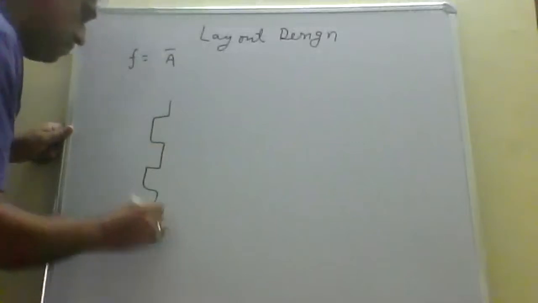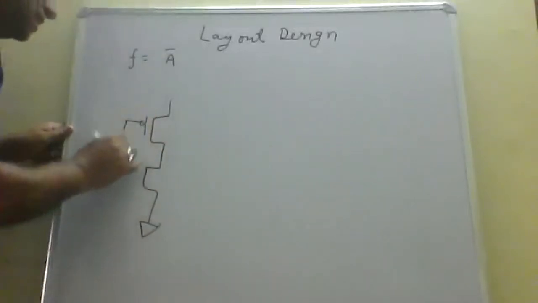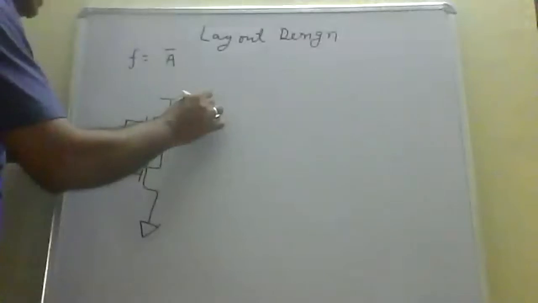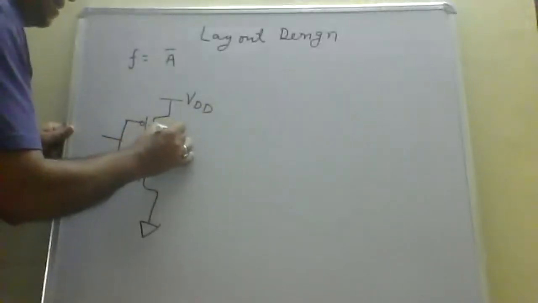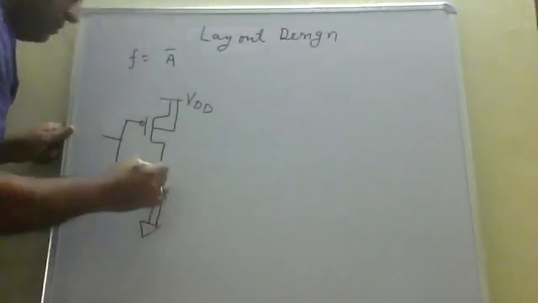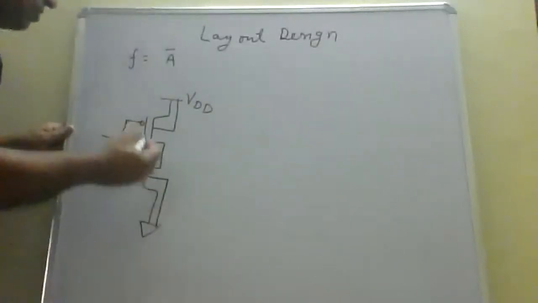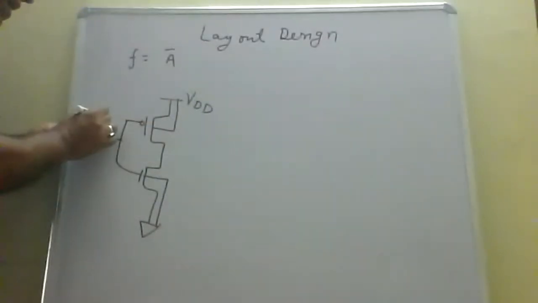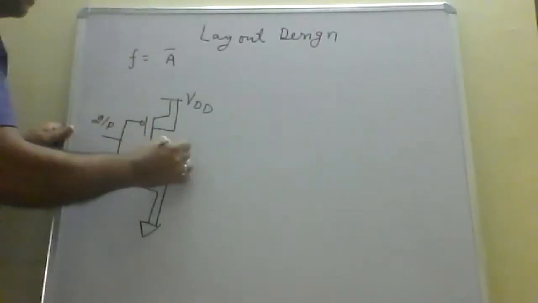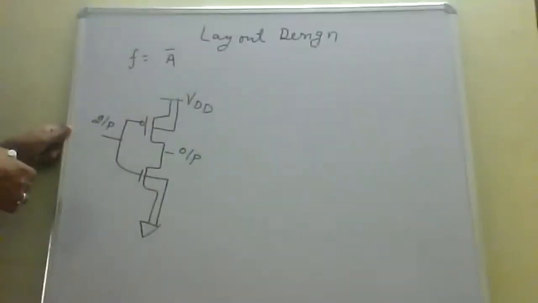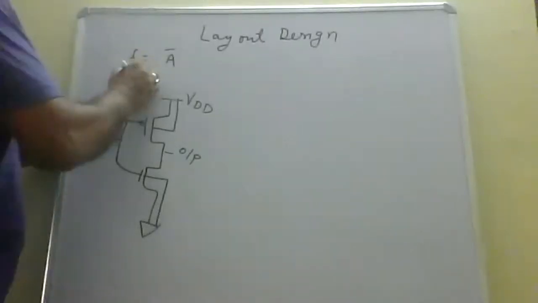There is a PMOS and an NMOS connected in this fashion, and there will be an input A, and a body terminal also. The body terminal of NMOS is connected to the ground, and the body terminal of PMOS is connected to VDD. There will be an input and an output. This is the basic circuit of the CMOS inverter, right?